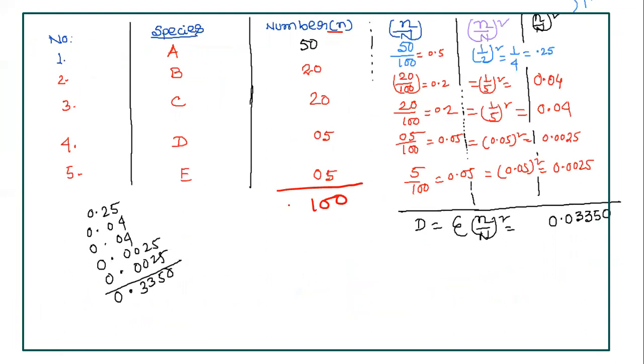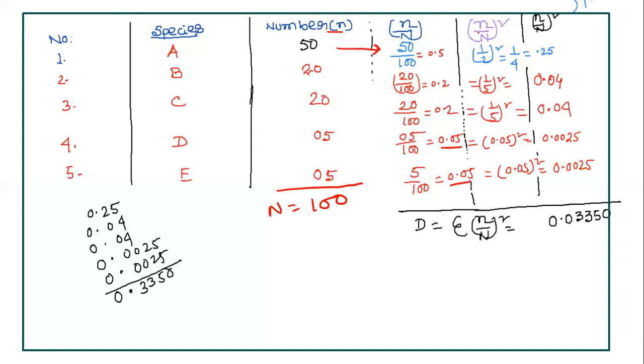Total number of individuals N equal to 100. So small n by capital N: 50 by 100 is 0.5. Now 20 by 100 is 0.2, and here also 20 by 100, 0.2. Then 5 by 100 is 0.05, and 5 by 100 is 0.05.